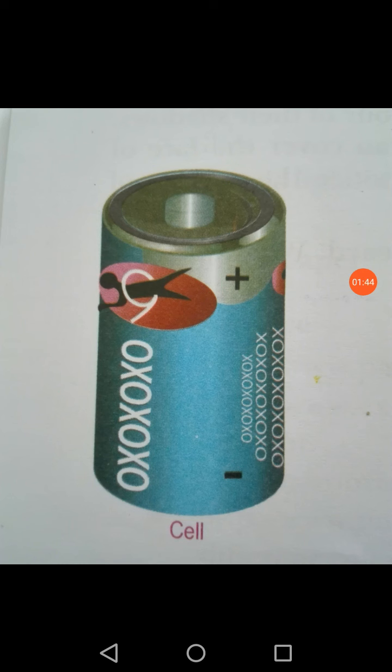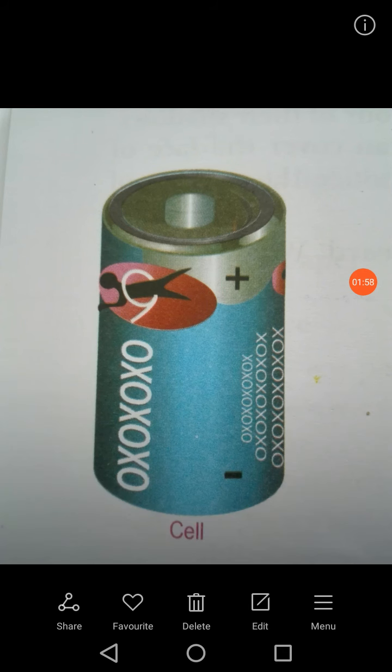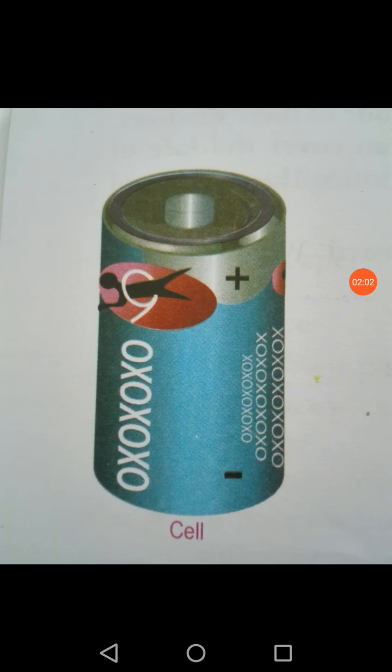An electric cell produces electricity by a chemical reaction taking place between the chemicals placed inside the body of the cell. How does electric current pass through the cell? The answer is chemical energy. In which form does the energy pass through the cell?